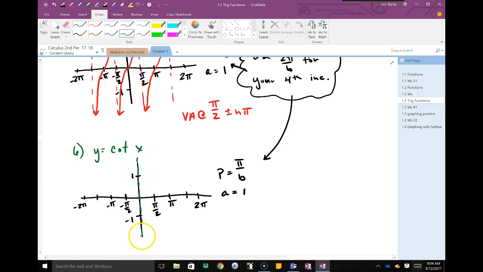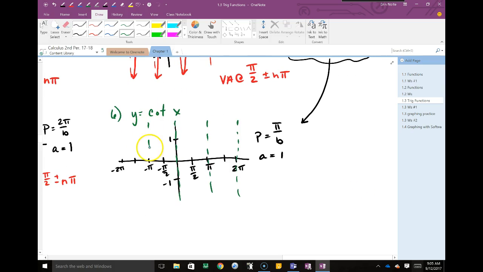I always remember the functions that start with c's, so cosecant and cotangent, those ones have vertical asymptotes that start with 0. Because a c is like almost a 0, if you think about that. That's how I remember it. I don't know. It works. So your first vertical asymptote starts at 0.